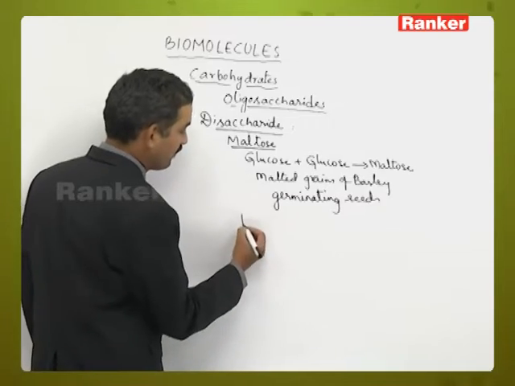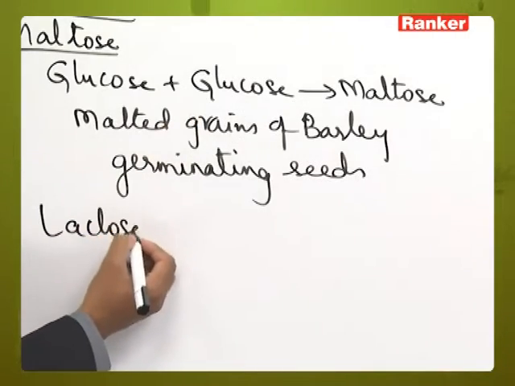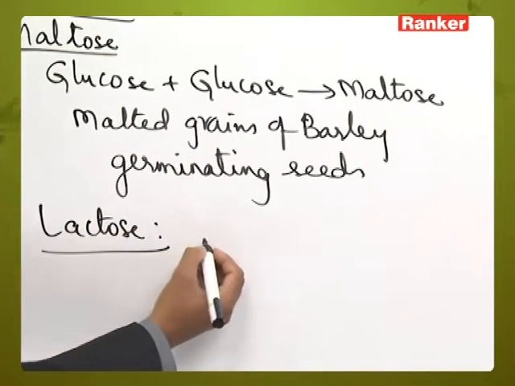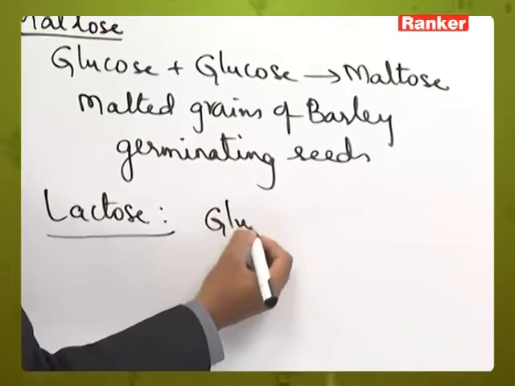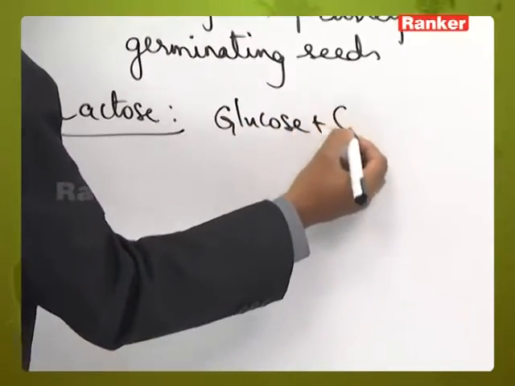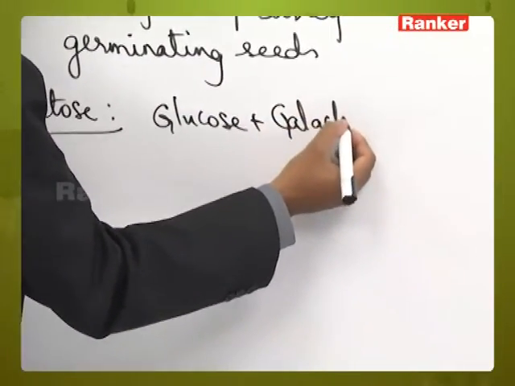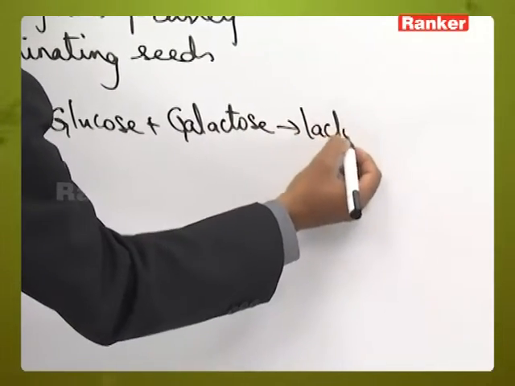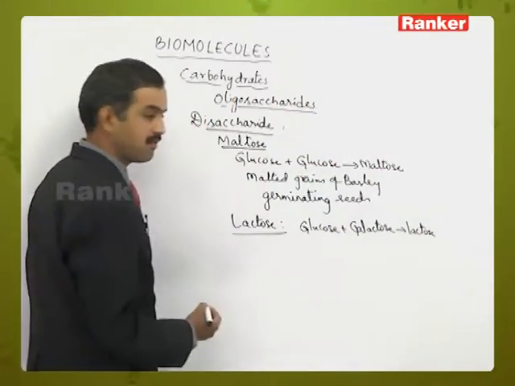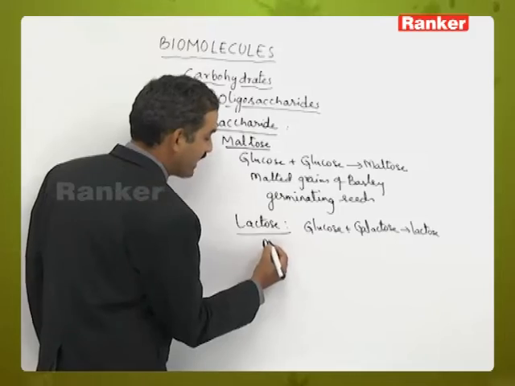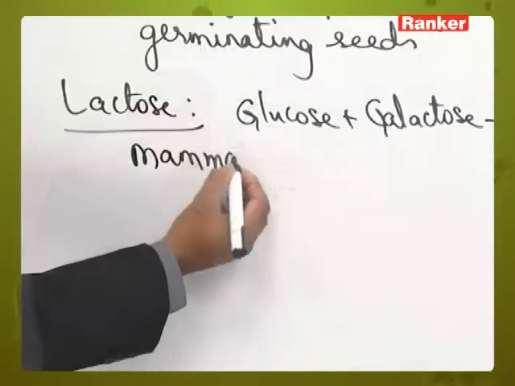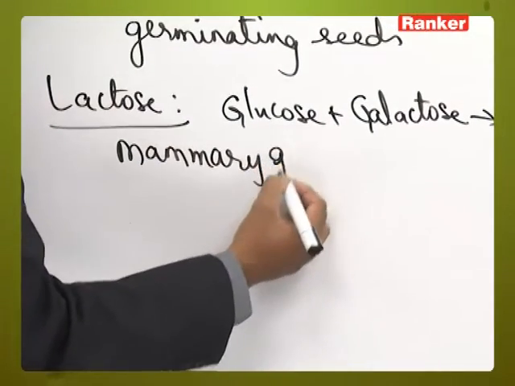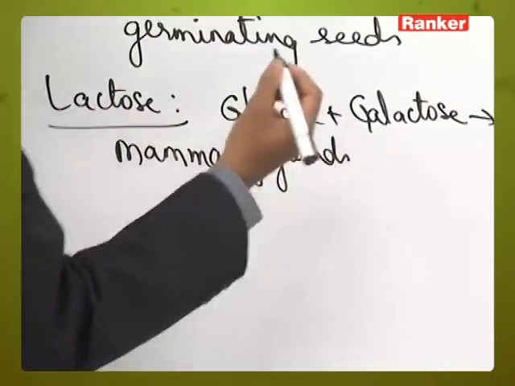Then the next one is lactose. Lactose is the combination of glucose and galactose. Glucose and galactose will give rise to the lactose molecule. Lactose is secreted in the mammary glands, which secrete milk.